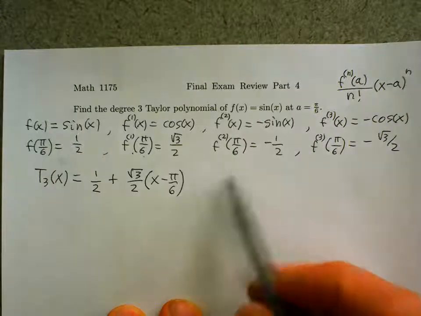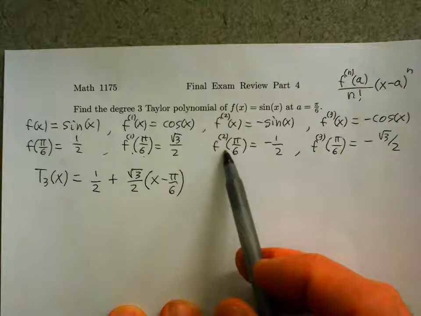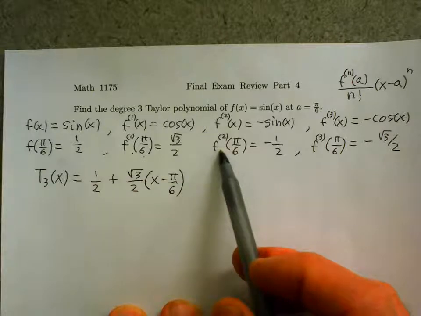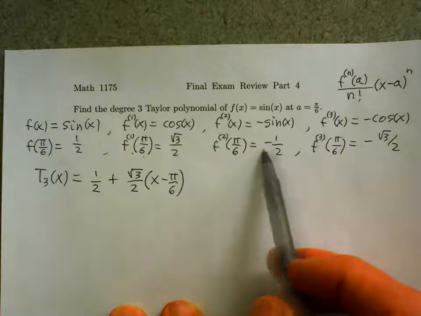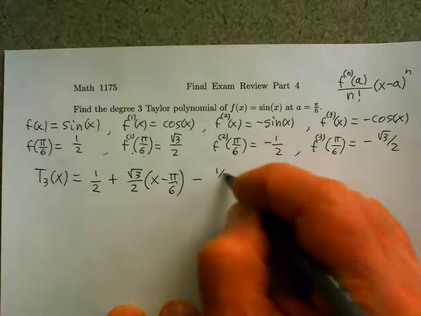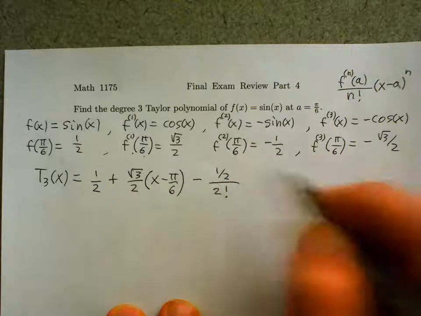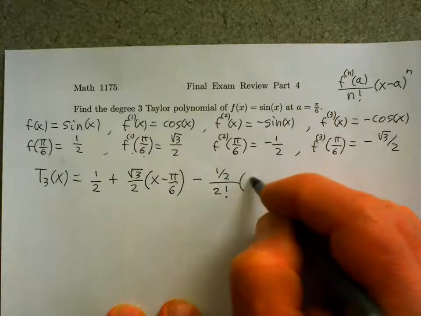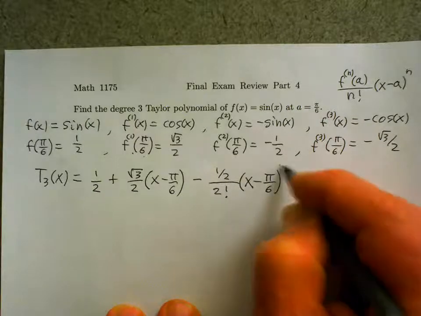Okay, and then the next term, so the second derivative of f evaluated at a equals pi over 6 is negative 1/2. So we'll write minus 1/2 divided by 2 factorial times the binomial x minus pi over 6 to the second.